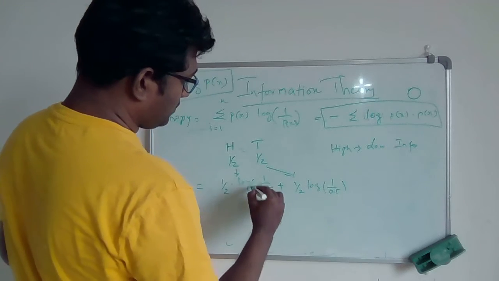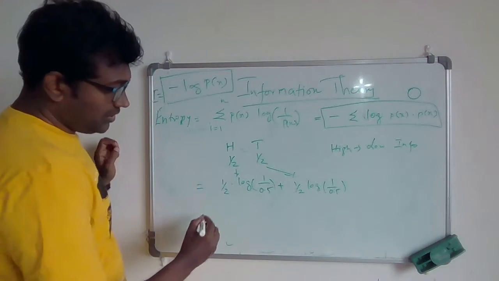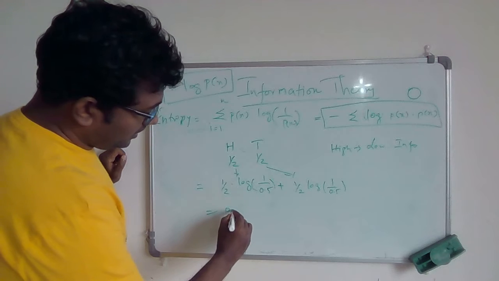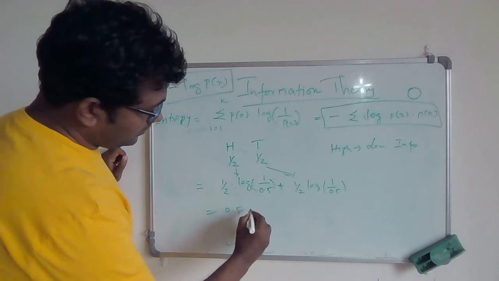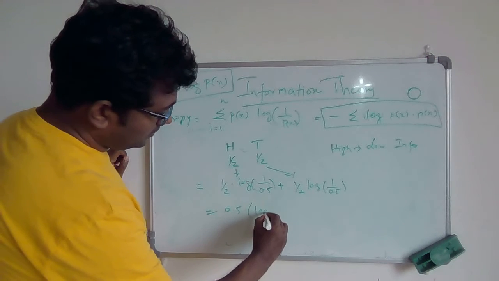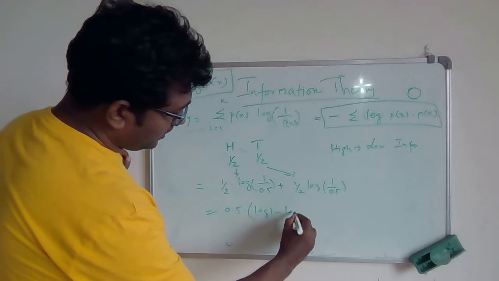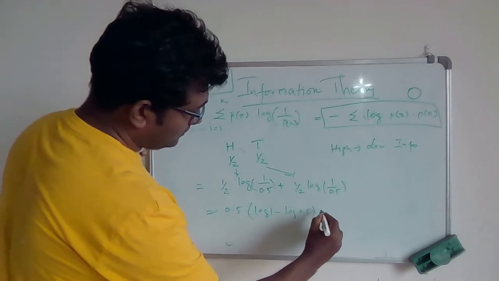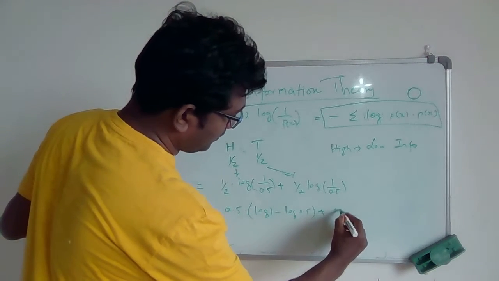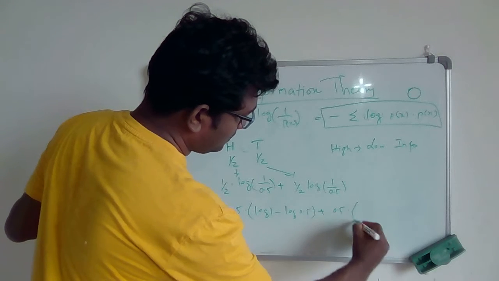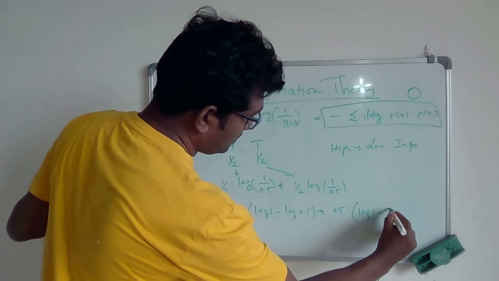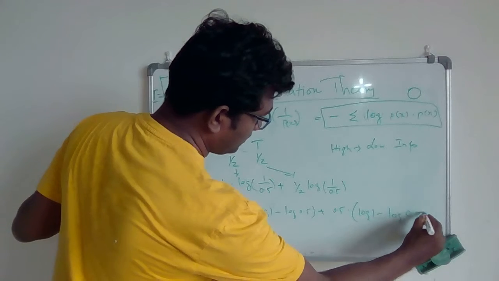Now if you calculate the entropy here, again we take 0.5 into log 1 minus log 0.5, plus again 0.5 into log 1 minus log 0.5.